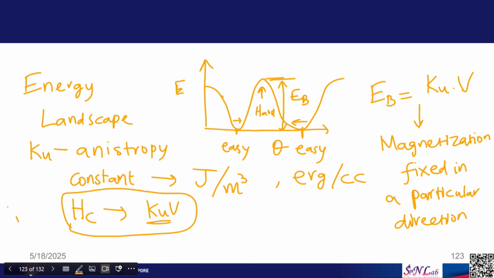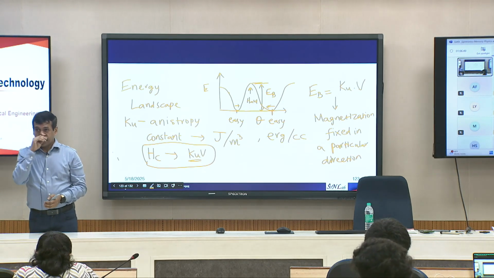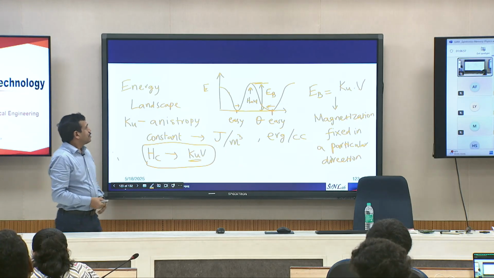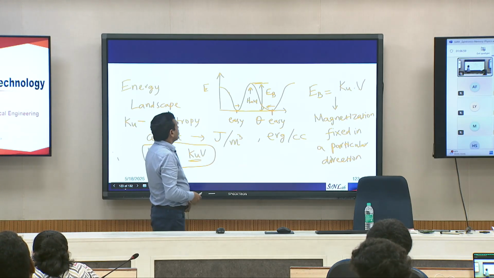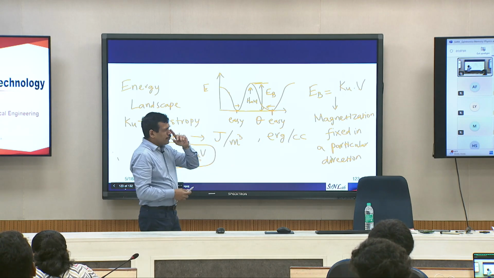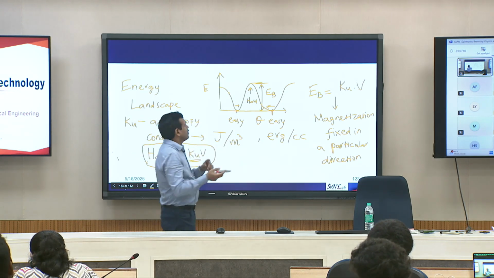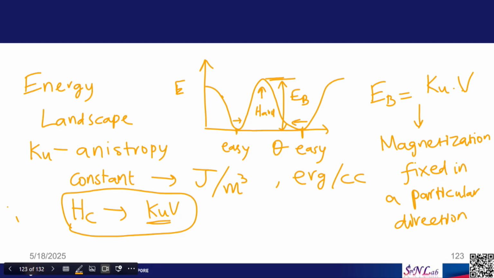Yes. This energy diagram is for an isolated particle. When you have a lot of particles, there is also another field coming in. So, it will be KUV minus some field term which is proportional to the internal field.